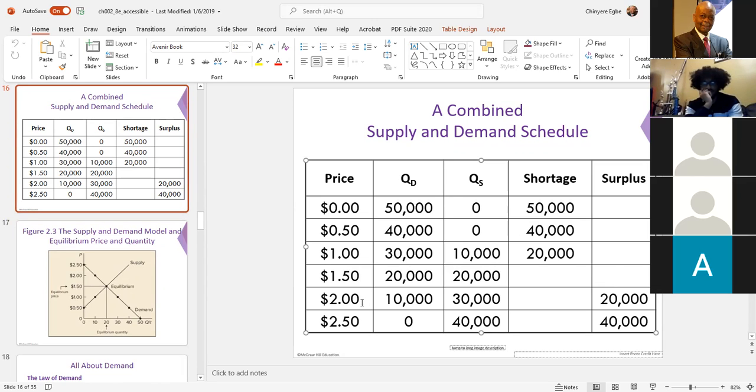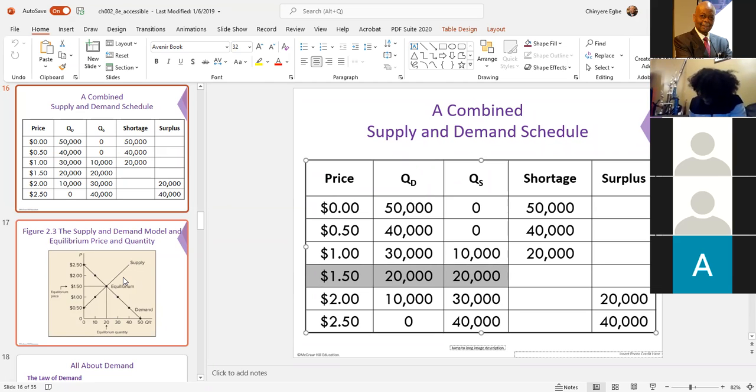there is 0 shortage and 0 surplus. Okay? Now, when the price is $2, the quantity demanded is 10,000. The quantity supplied is 30,000. Then there's a surplus of unsold goods, unsold product. So the equilibrium point is where you have a price of $1.50. The quantity demanded is 20,000, the quantity supplied is 20,000, so there is 0 shortage and 0 surplus.